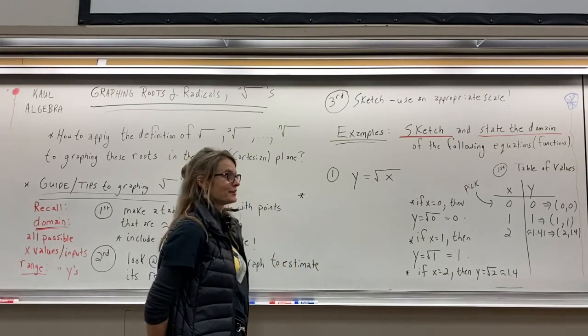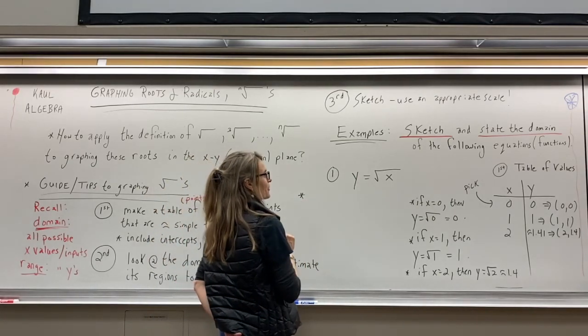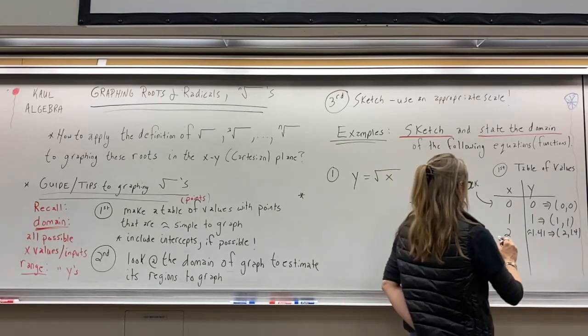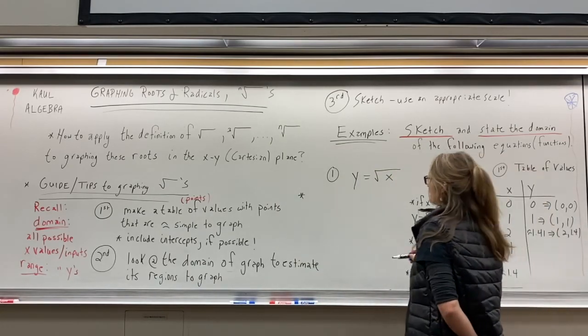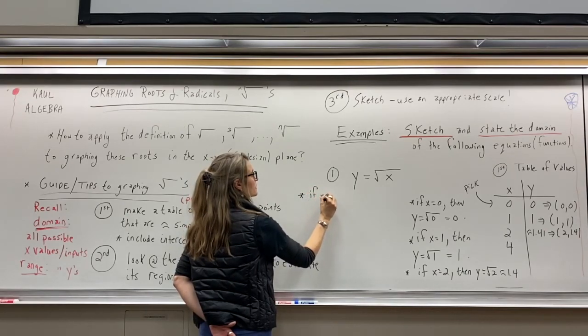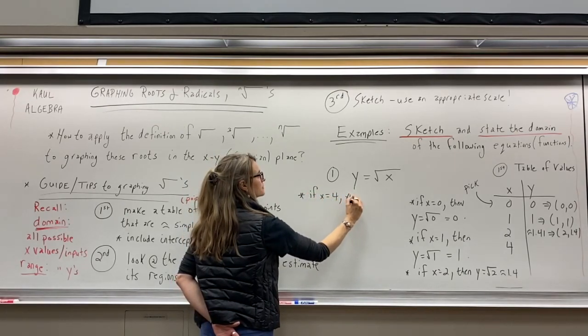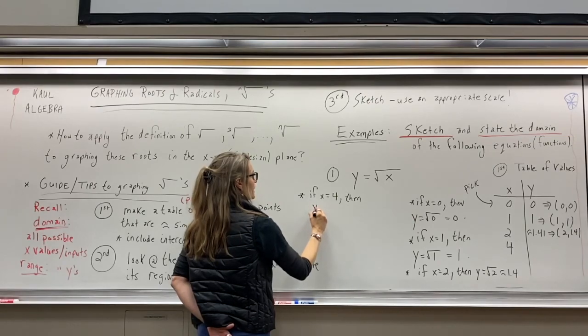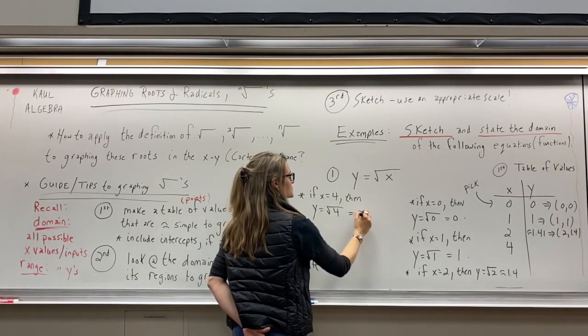some better behaved numbers, right? So let me go ahead and pick x being 4 here. If x is 4, then y equals the square root of 4, which equals 2.